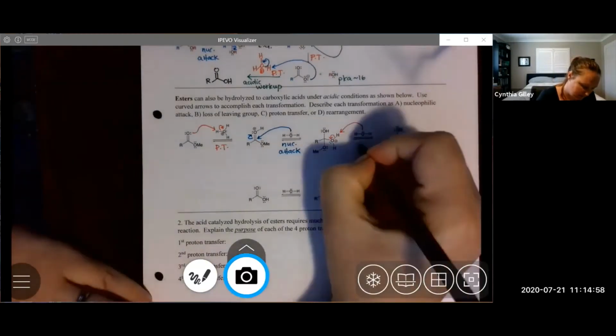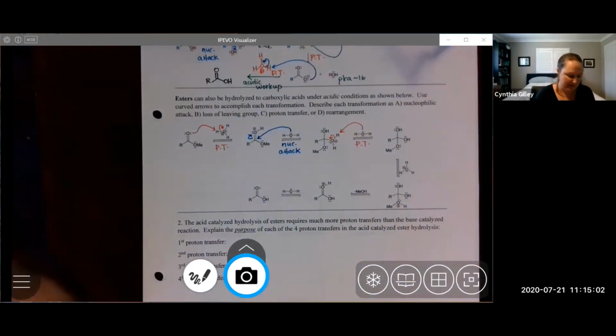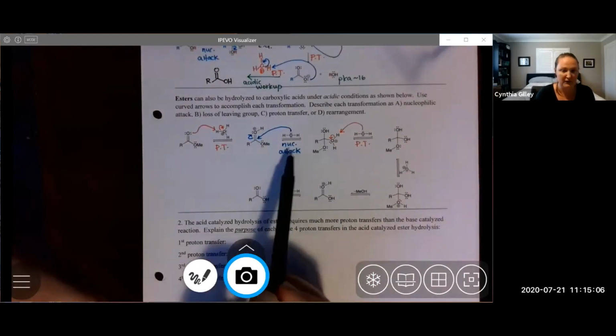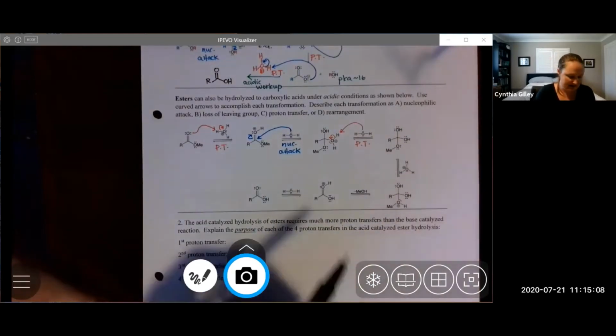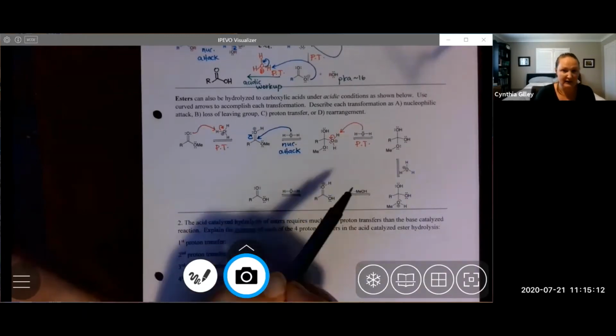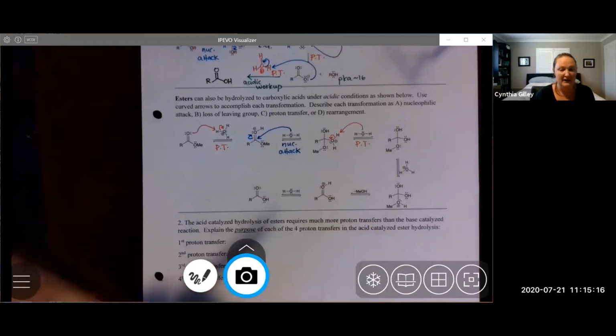This is our next proton transfer. Okay, and now we have something neutral. So this is kind of what we call our proton shuffle. We need this to be the leaving group. Right now, it's not protonated. We want to protonate it, but only after we deprotonate the oxonium, because that would prevent having two positive charges in the same molecule.